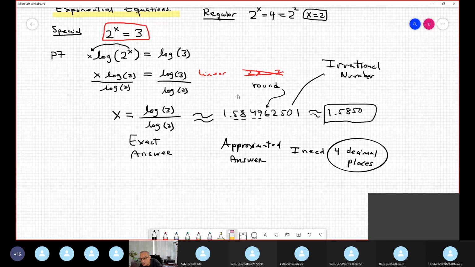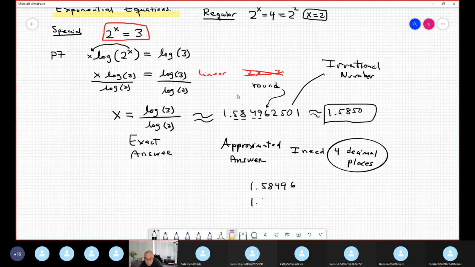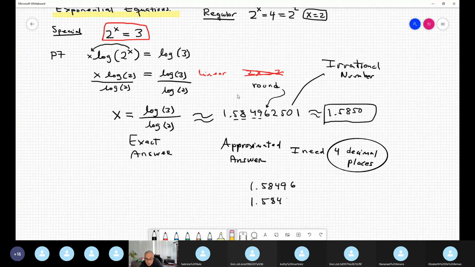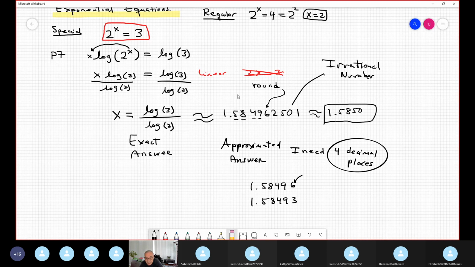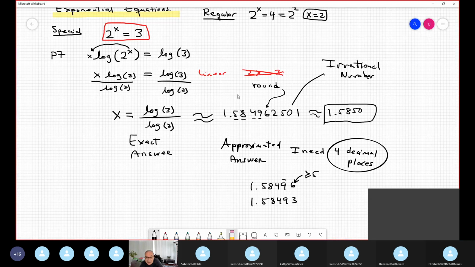Can you also write 1.55? No, if it is 1.5849 and 6. Suppose it is 1.5849 and 3. What is the difference between these? This digit is bigger than or equal to 5, therefore you increase.